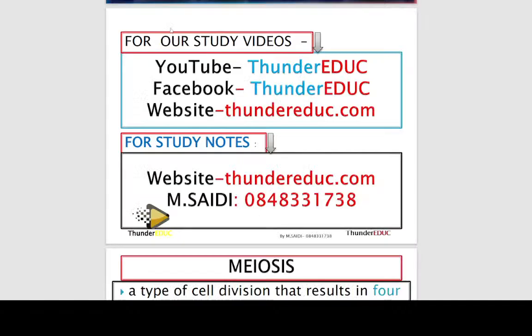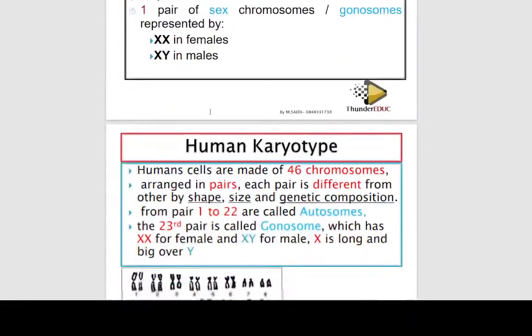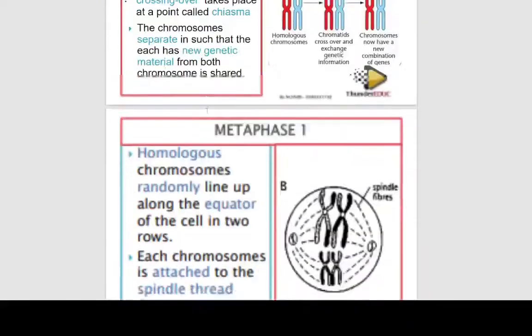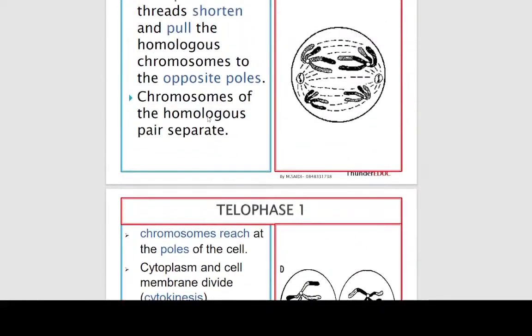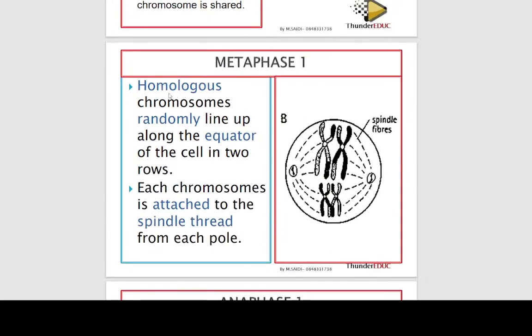Look at this book. What we said here is stipulated there, what you're supposed to talk about when you come. Homologous chromosomes randomly align along the equator in 2 rows, and each chromosome is attached to the spindle fiber. What are they looking at? Homologous chromosomes. This is the key point in this question.